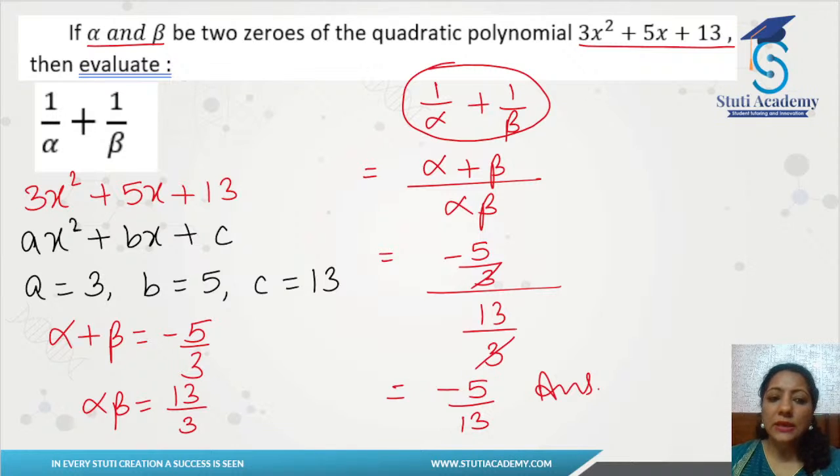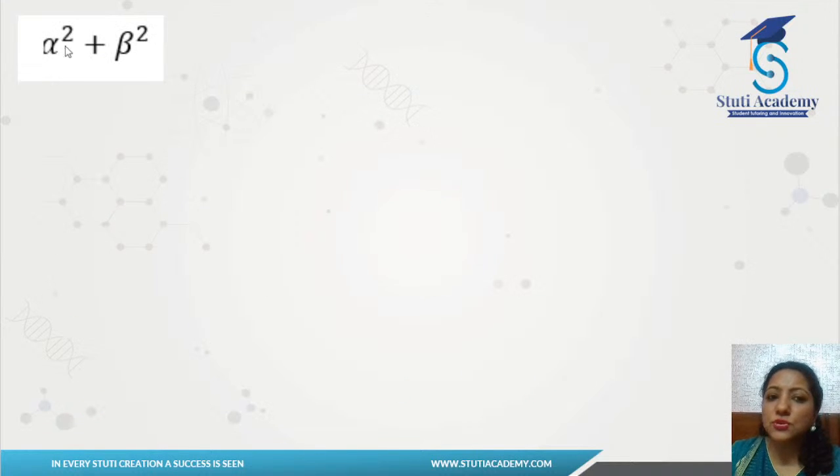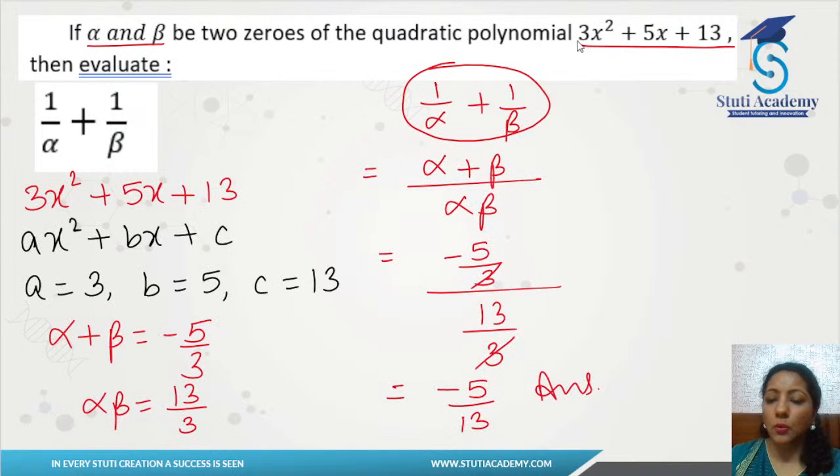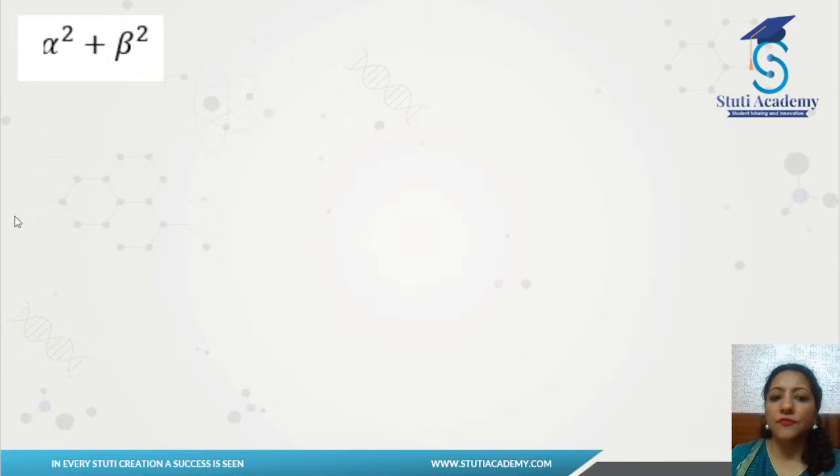Now let's proceed. We have to solve for alpha square plus beta square. So this is the same part for this question. We'll be considering this polynomial and we'll solve for alpha square plus beta square. Here I'm going to take alpha plus beta whole square. So this is of the form a plus b whole square.